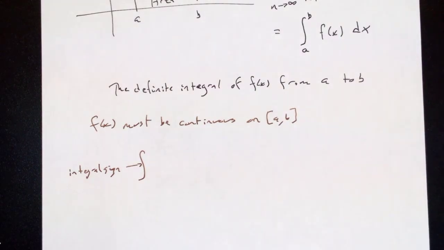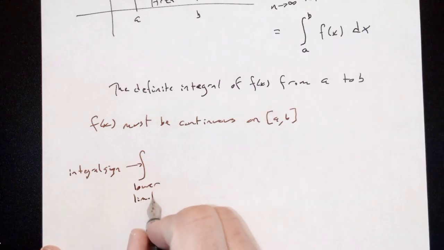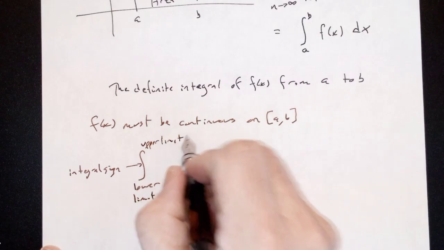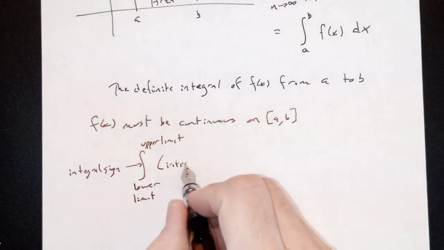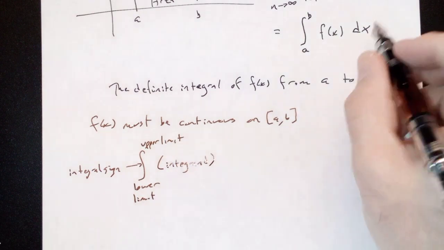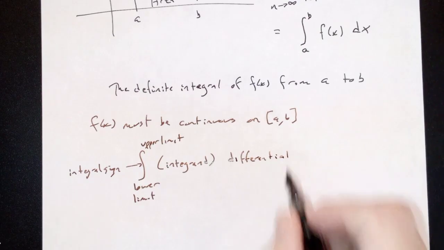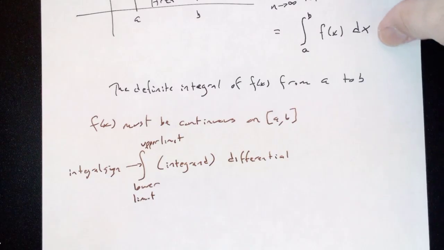We have a lower limit down here. We have an upper limit. We have the function inside, which is called the integrand. And then we have our differential. That way you know what pieces I'm talking about when I refer to these things.